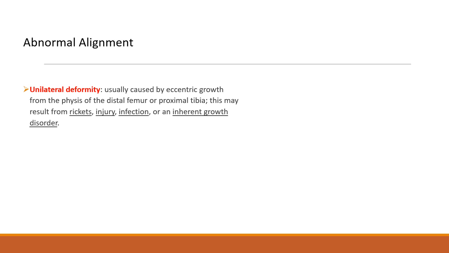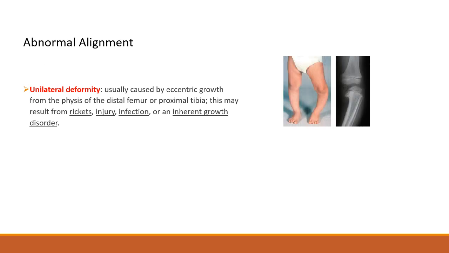Some of the causes of a unilateral deformity include injury, trauma, rickets, infection, or an inherent growth disorder.